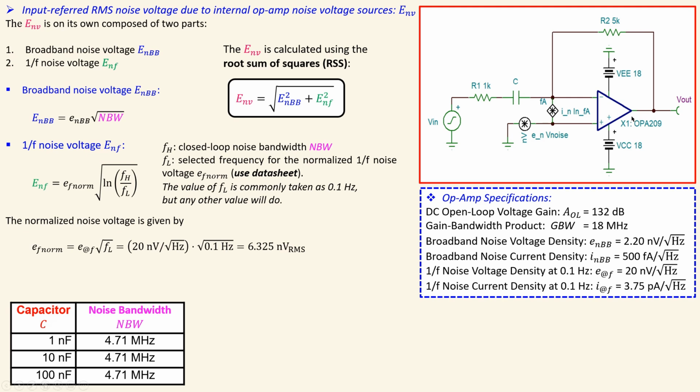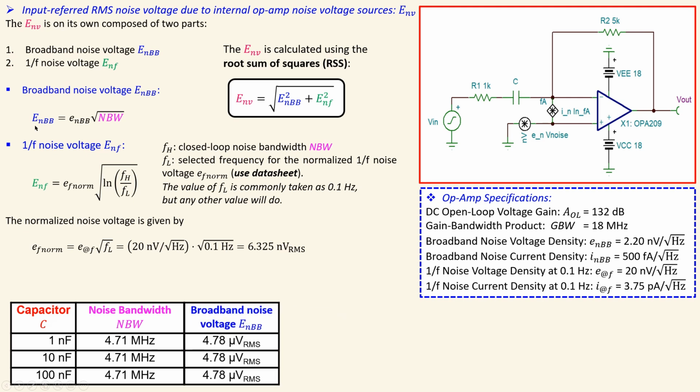So the low pass filter pole, which is of course an upper cutoff frequency, is determined by the signal gain and the gain bandwidth product, and also the noise gain, and that is determined from there using the conversion factor, and it will be 4.71 megahertz.